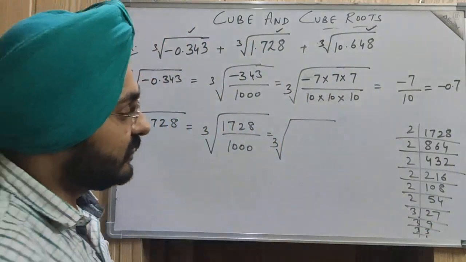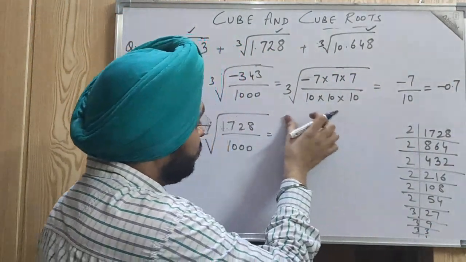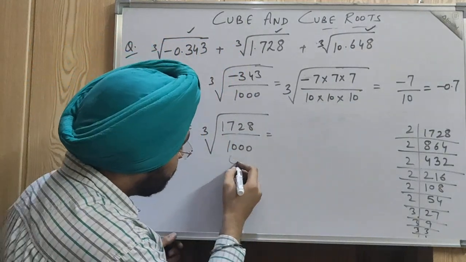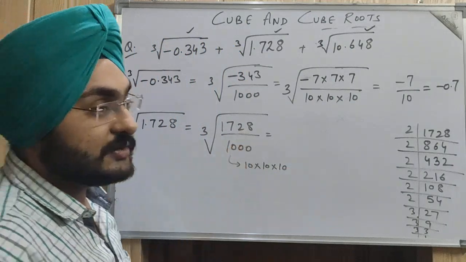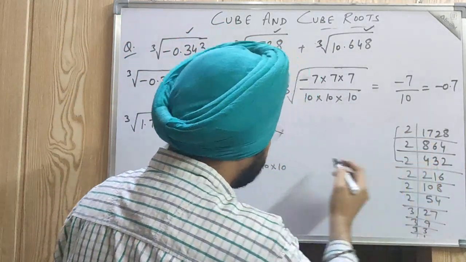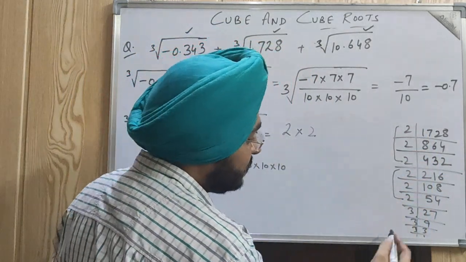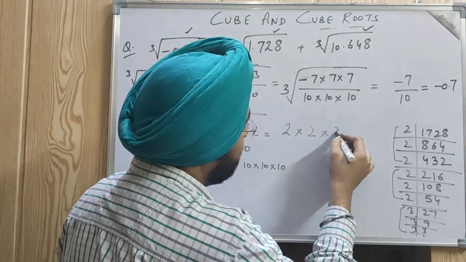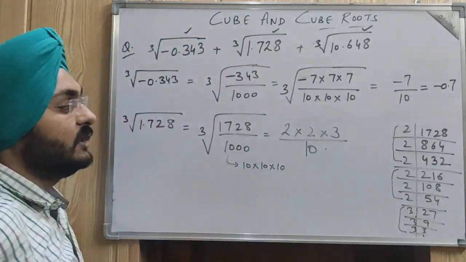So what are we left with? Okay, I will just write the values directly now. This 1000 can be written in this way, 10 into 10 into 10 only. What about 1728? Just start forming the triplets again. This one is 2, I have written this 2. Again 2, I have written this 2. Then with 3. And in the denominator we are left with 10 here.